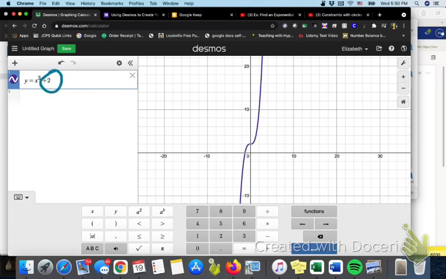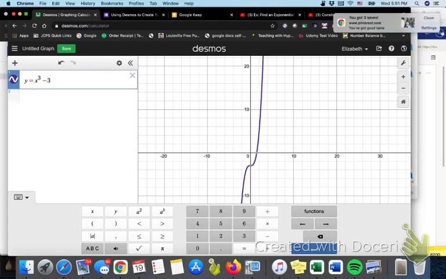It took the graph and shifted it up 2 places. So that's another way that you can get it to shift around. I could have done, for example, minus 3, and you can see that it took the same graph and shifted it down 3.